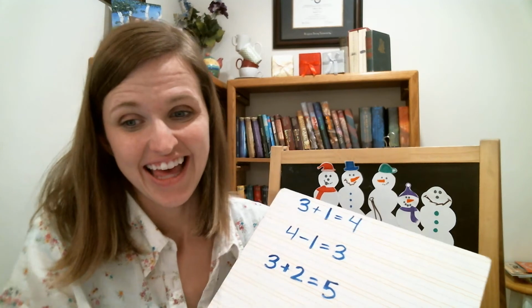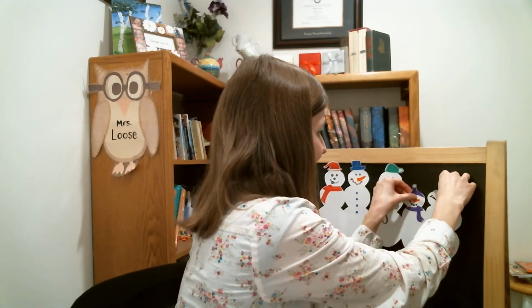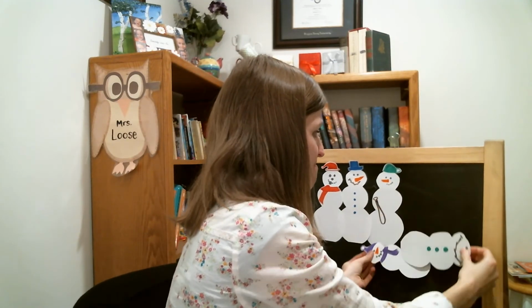Okay. The next day was very sunny. I started with 5 snowmen in the morning, but by the afternoon, the sun had completely melted 2 of my snowmen. Oh no, how many snowmen am I left with? Is this an addition or subtraction problem?